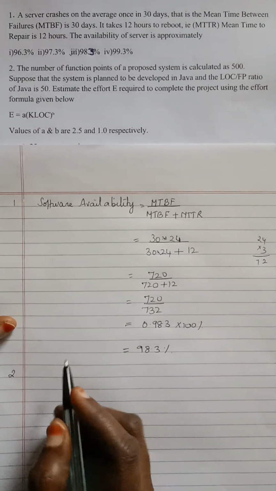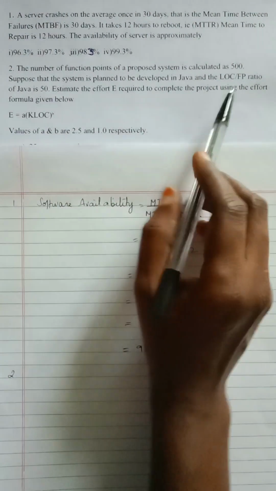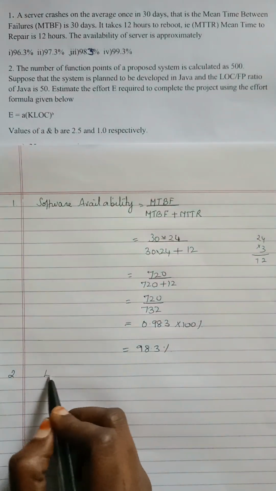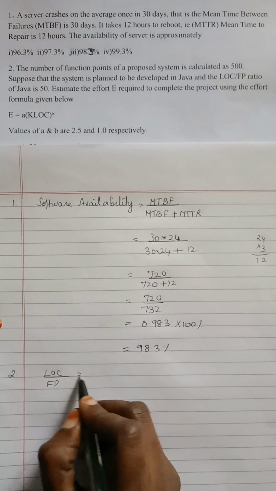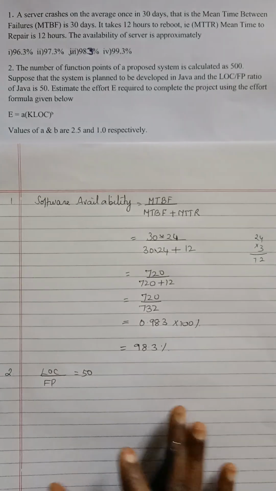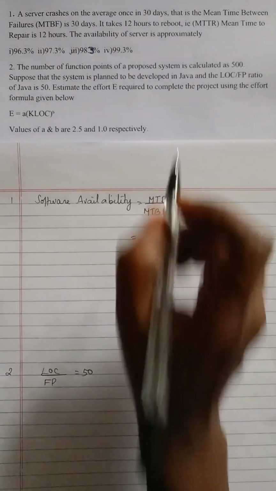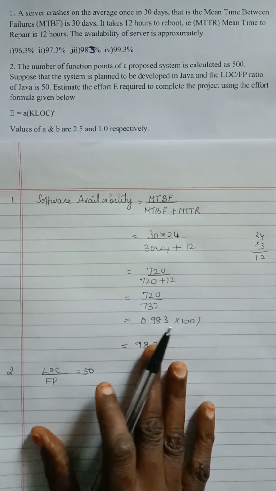So first we need to know what is the value of KLOC. So here they have given LOC by FP ratio as 50. So LOC we don't know, but FP we know. So FP is given, the function points is 500.